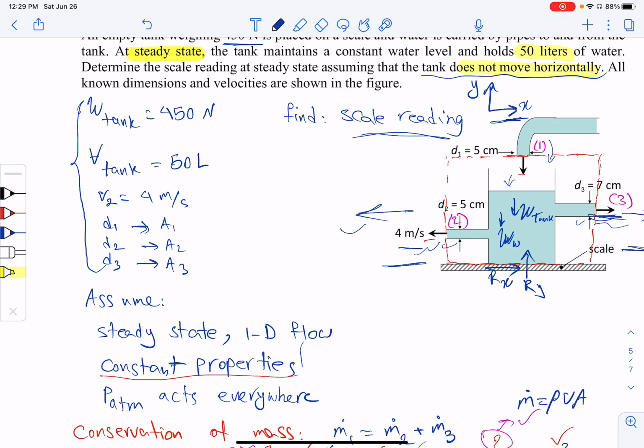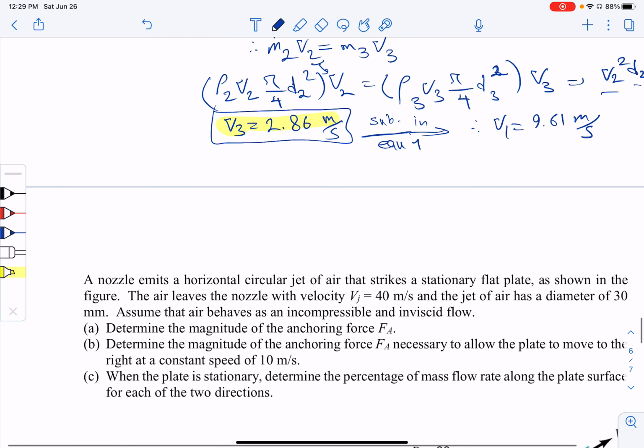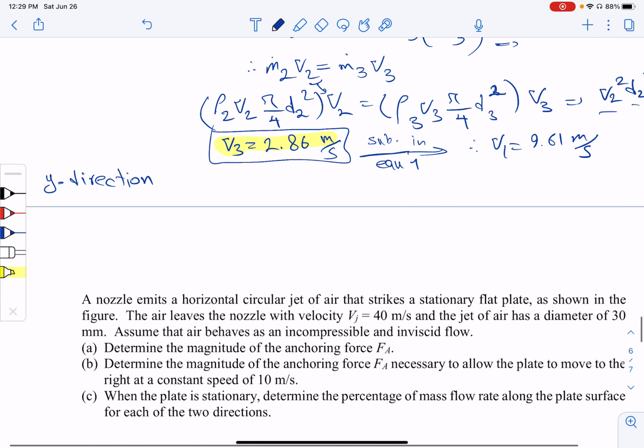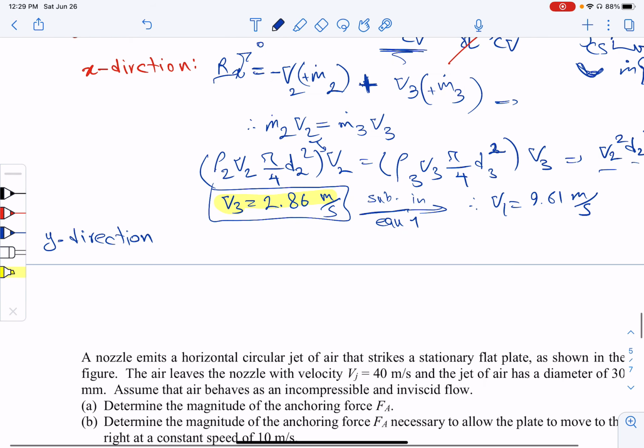So for the conservation of momentum in the y direction, we have Ry, which is positive. We have the weight of the tank.